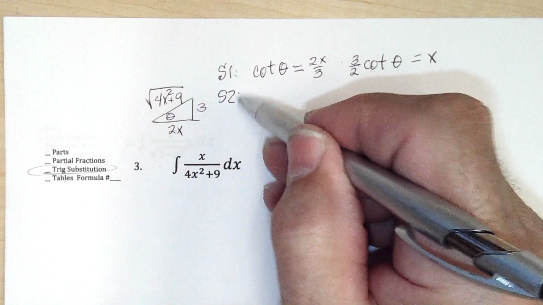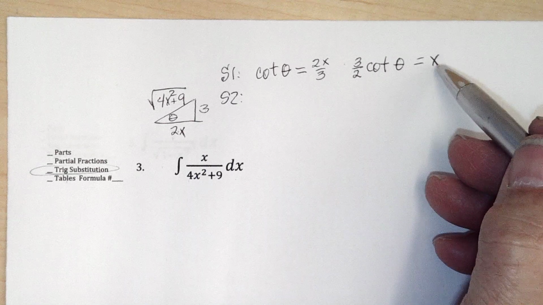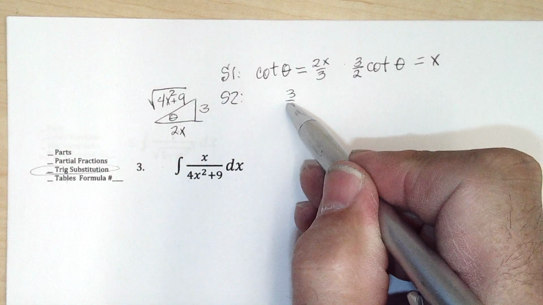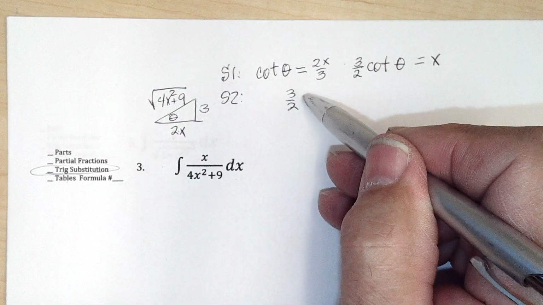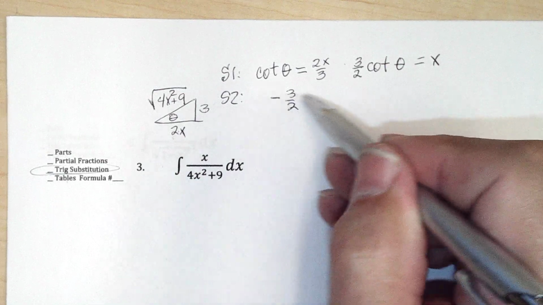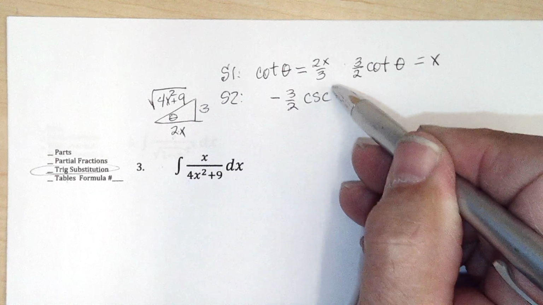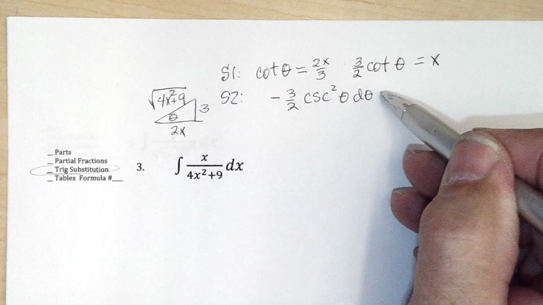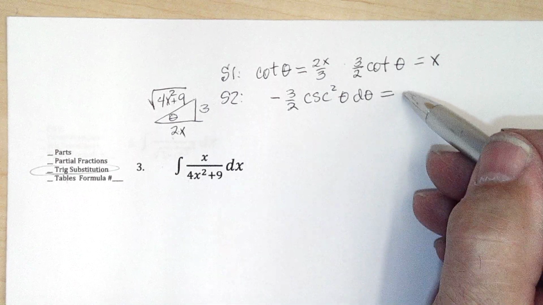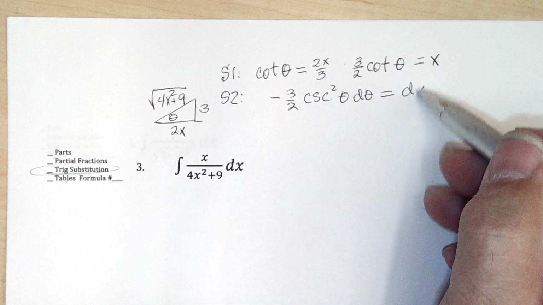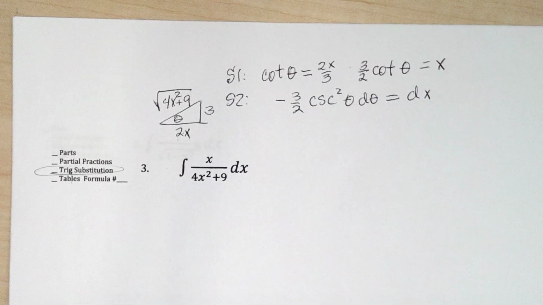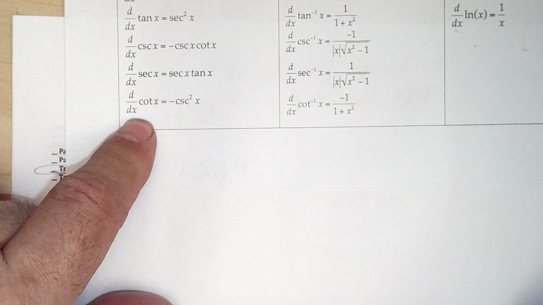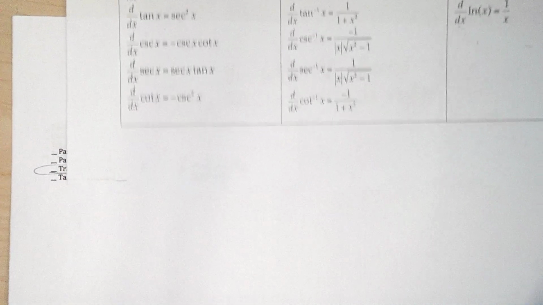Step 2, got to get dx, so I'm going to take the derivative of this. So it's 3/2, the derivative of cotangent is negative cosecant squared theta d theta, and the derivative of x is 1 dx. And if you didn't remember the derivative of cotangent, it's right there on this formula page.